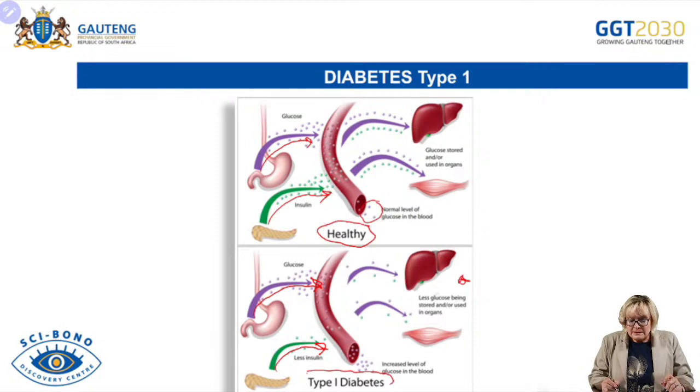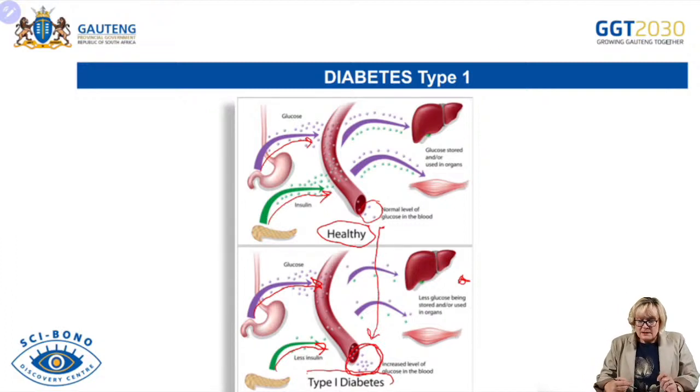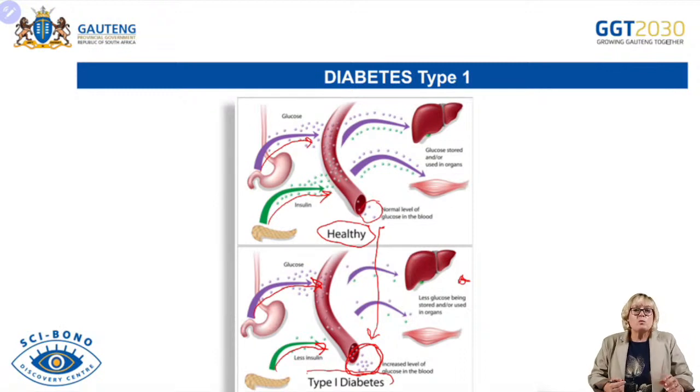So what is the result of that? Can you see the difference? If you look at the top diagram and the diagram at the bottom, there's an increase of the glucose levels in the blood. So that is with type 1 diabetes. With type 1 diabetes, the problem is that not enough insulin is being secreted by this person. And therefore, people that have this disorder must inject themselves with insulin to help the body to bring down the glucose levels.